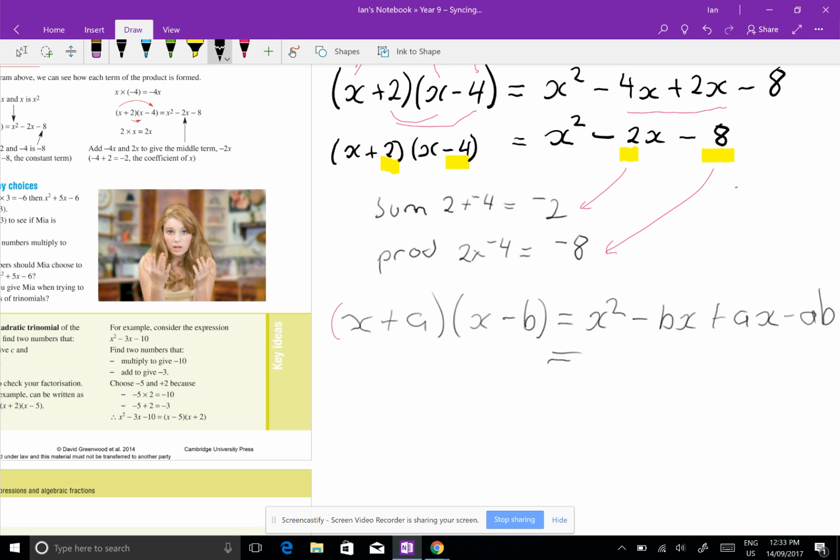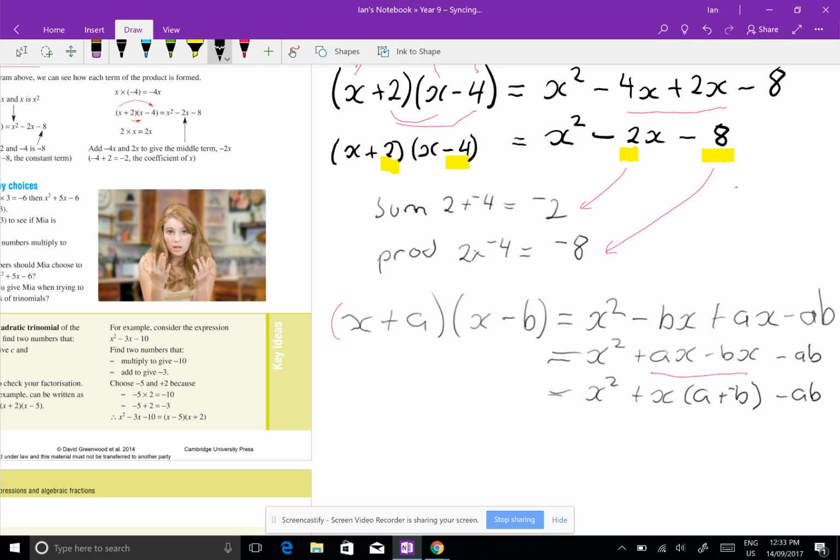And I can collect those like terms, so I'll get x squared. I'm going to just factorise the x out, and I'll swap them around, plus ax minus bx minus ab. And then I'll factorise the x out of this little thing here, and I'll get plus x outside of a minus b, or I can say plus negative b, because that's what I want, minus ab.